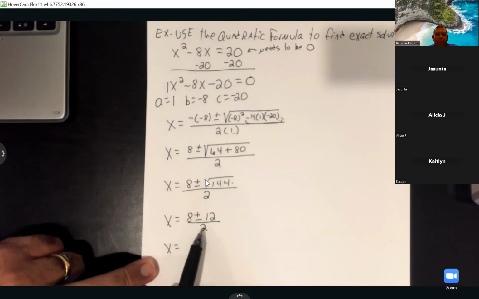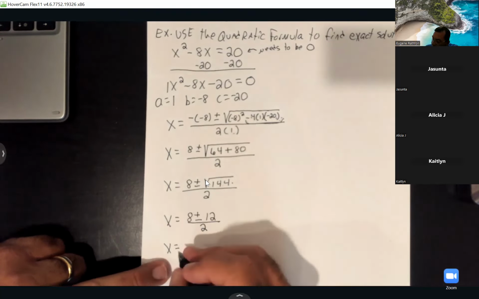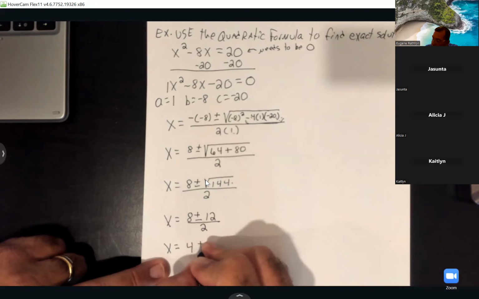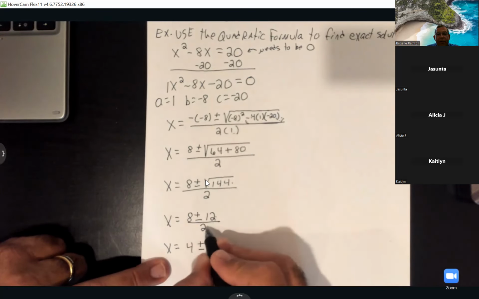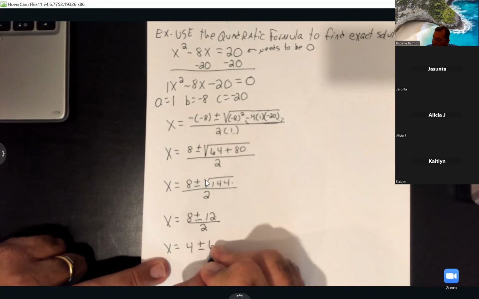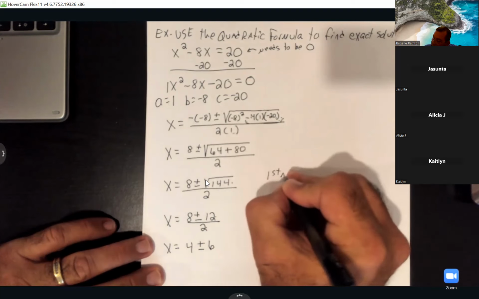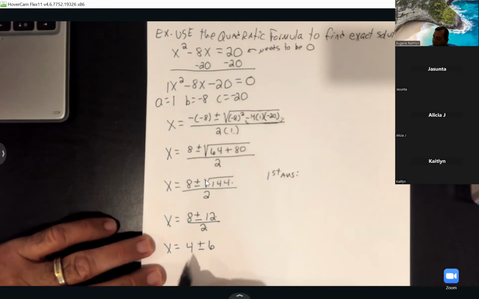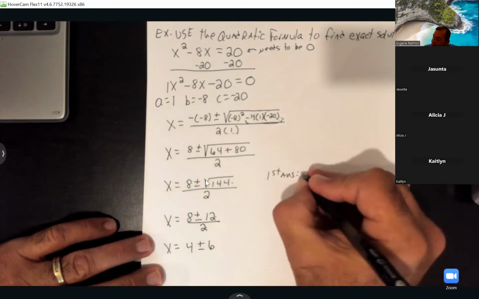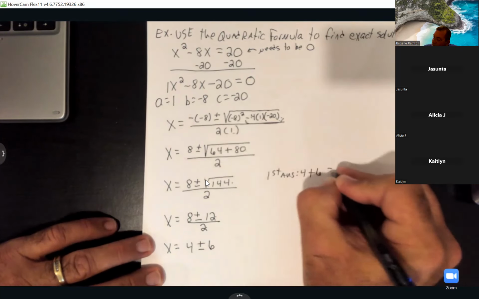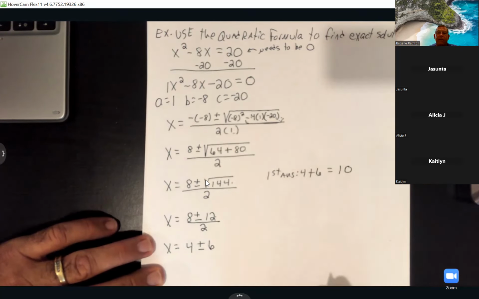Now, all 3 of these numbers will divide by 2. So you got to divide both the outside numbers by that 2. So 8 divided by 2 gives me a 4. Plus or minus 12 divided by 2 is 6. Now, here's how you get your first answer. The first answer, we do 4 plus 6, which will give me a 10.